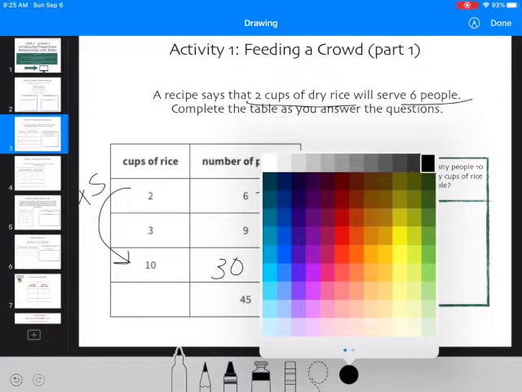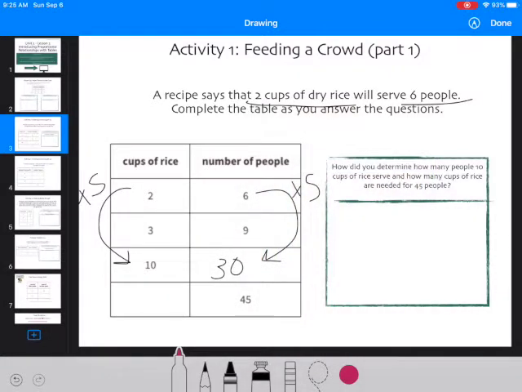So then I'm going to switch colors. 9 times 5 is 45. So 3 times 5 is 15. So you want to think, what can I multiply by on each side? How did you determine how many people 10 cups of rice served and how many cups of rice are needed for 45 people?